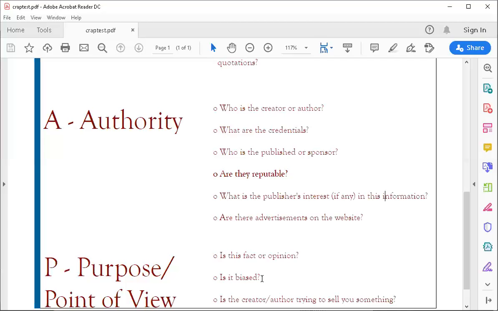Because if their goal is to sell you something, then their goal is to get your money no matter how they see that doable. Some people will do this in a very trustworthy way and still give you the factual information, but that's not always the case. And so we want to make sure that we get our information from sources that are not trying to sell us anything, in order to make sure that it is purely for information needs.